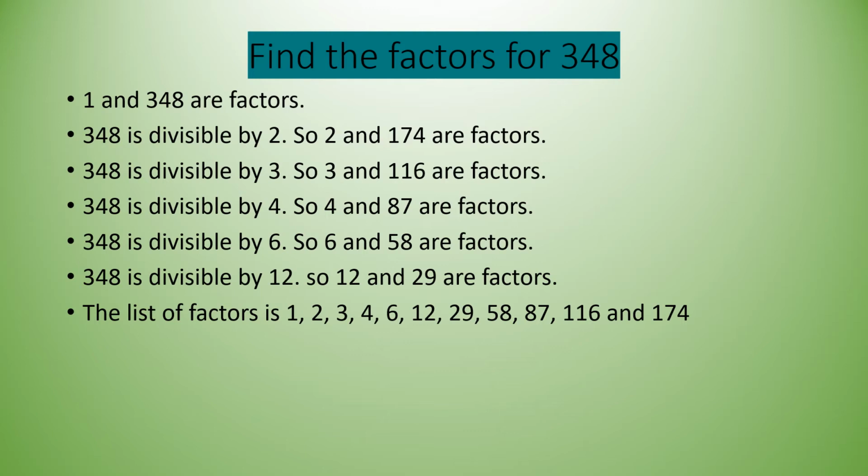Now 348 is divisible by 4. So 4 and 87 become factors because 4 times 87 is 348. Then 348 is divisible by 6, because it is divisible by both 2 and 3. So 6 and 58 are factors.